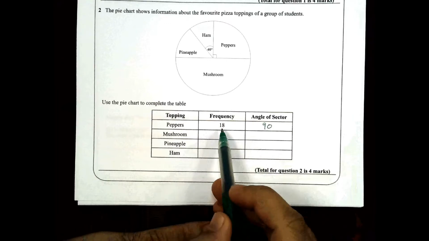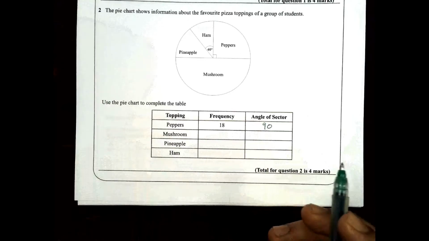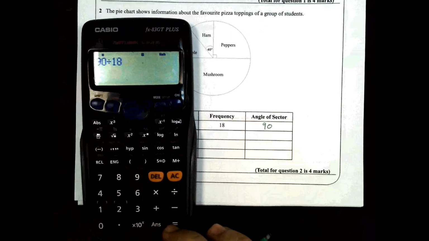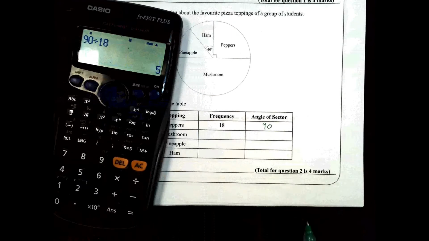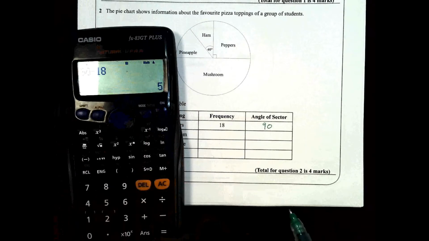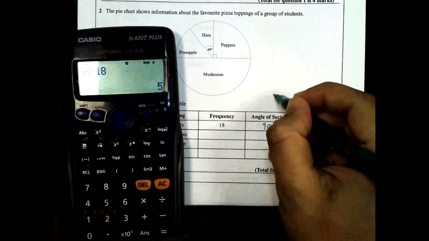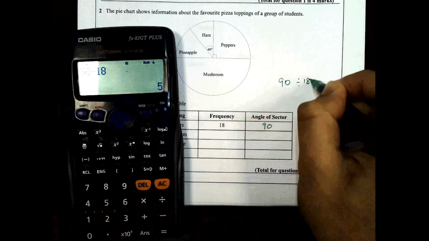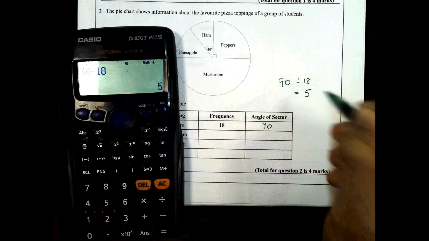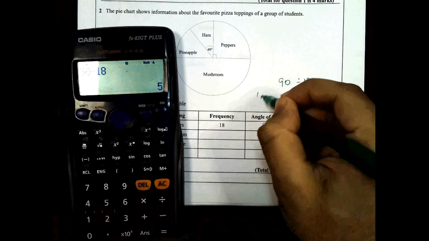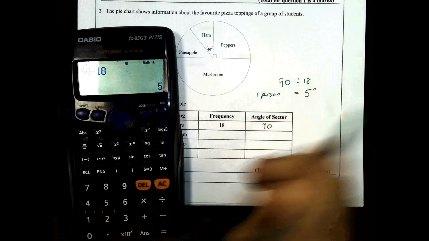Now, if 18 people are represented by 90 degrees, then what I'll do is I'll do 90 divided by 18, which tells me that each person is represented by 5 degrees. Okay, so 5 degrees is one person, is basically what I'm saying to you. So what I'll do is I'll just write that down. I've just done 90 degrees divided by number of people, and that tells me that one person is 5 degrees. Okay, so one person equals 5 degrees.